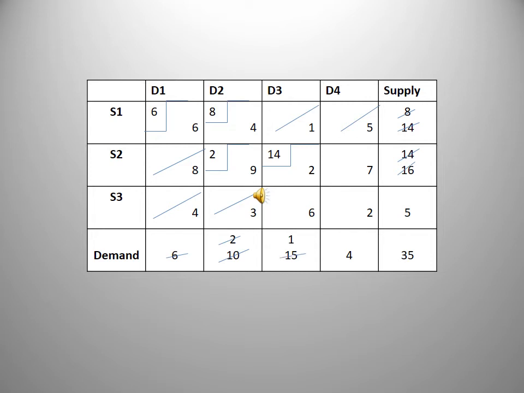The total supply in the second row is met and the total demand in the third column becomes 1. No further allocation is required in the second row. Hence we delete the second row.